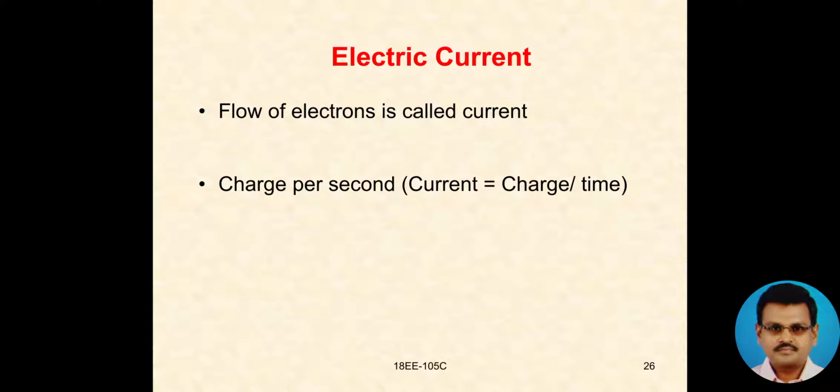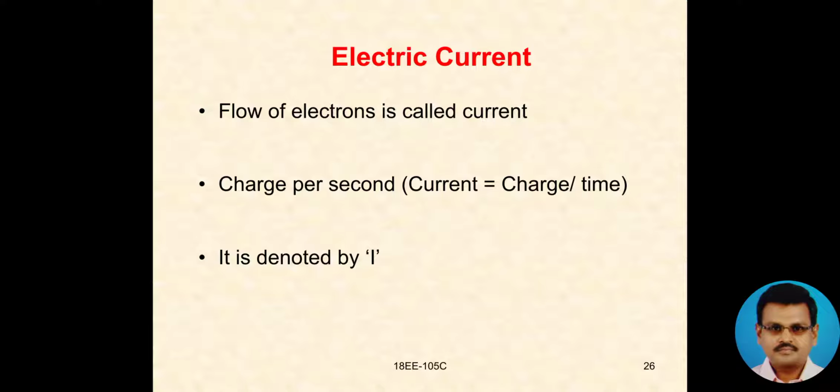Also it can be defined as the charge per unit time. So current is equal to charge by time, I is equal to Q by T. It is denoted by capital I.